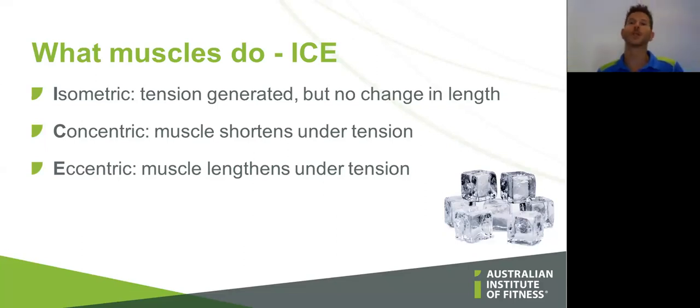So let's say I'm doing a squat. As I come up against gravity with a barbell on my back, I will be going through the concentric contraction. My muscles are creating force to lift that barbell up. As I go back down, gravity is going to pull me down, but the muscles have to stay taut to allow control through that movement to prevent damage in my body.